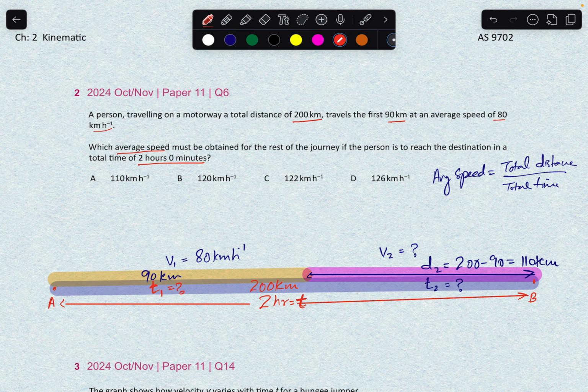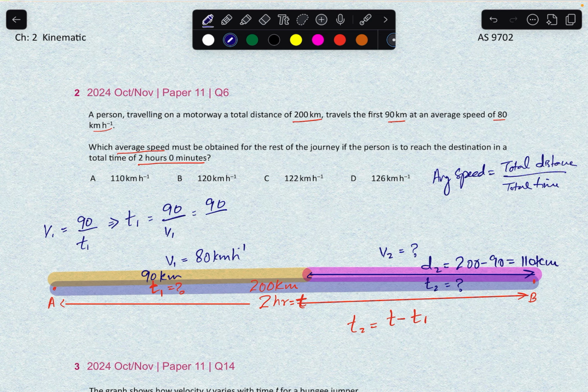We know t2 will be equal to T minus t1. I need the t1. And if I apply the relation here that v1, that is the average speed, is equal to total distance traveled in this journey, that is 90 divided by t1, I know the value of v1 as well. So t1 is equal to 90 divided by v1.